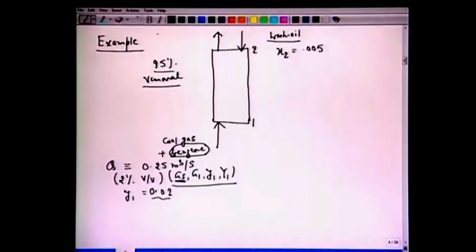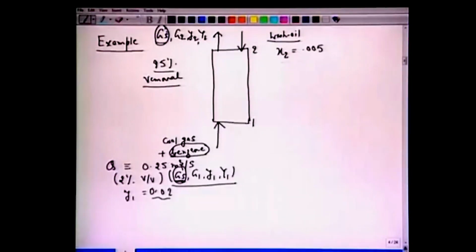So before we do the calculation, let us mark the specs here: Gs, G2, small y2 and capital Y2. Notice we have Gs and Gs without any subscript, because amount of Gs will remain the same. Okay, so that's a carrier gas or benzene free coal gas, which is not soluble in wash oil.